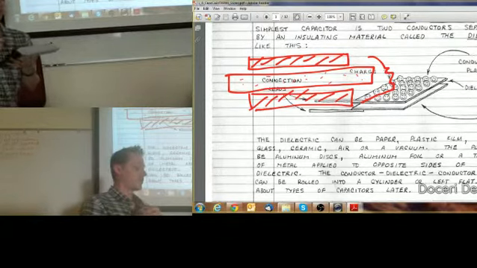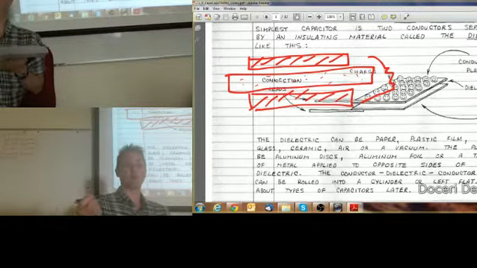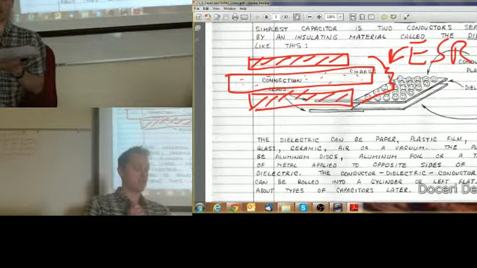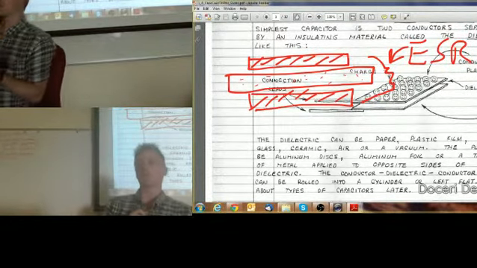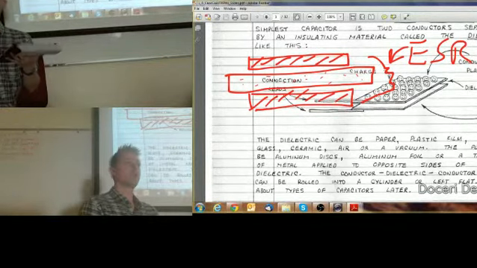Ceramic is one of the ones with the highest resistance, so that's considered good. We call the dielectric's resistance equivalent series resistance, ESR.